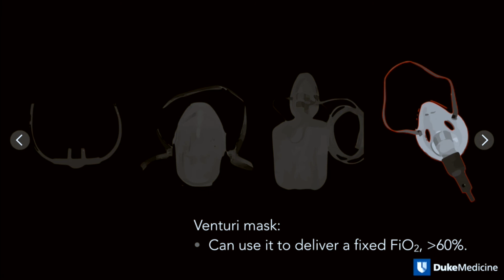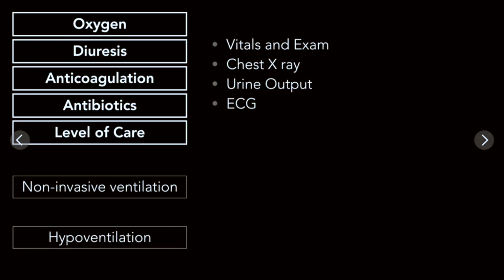And if you need to titrate that O2 very closely at the patient's bedside without a ventilator, then you can use a Venturi mask and titrate a fixed FiO2, and you can titrate from 60 to 100% on the Venturi mask as well.